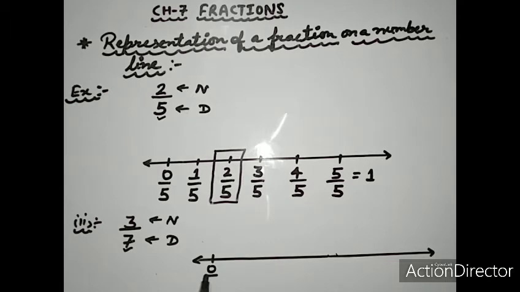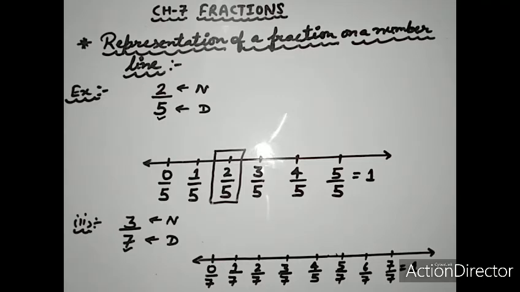We start from 0, and here we take 7 as the denominator: 0 upon 7, 1 upon 7, 2 upon 7, 3 upon 7, 4 upon 7, 5 upon 7, 6 upon 7, and 7 upon 7. And here 3 upon 7 is smaller than 1.